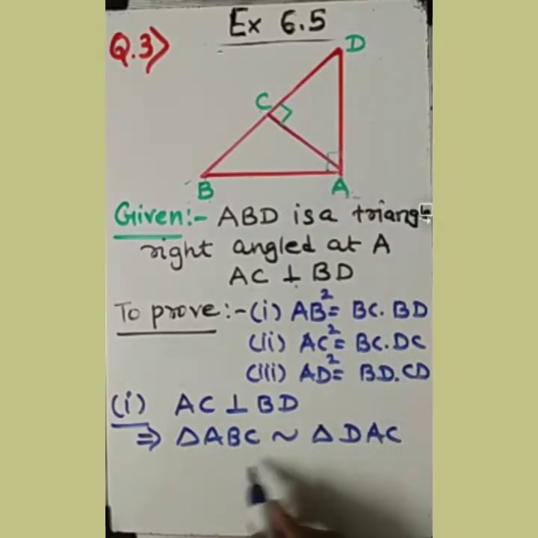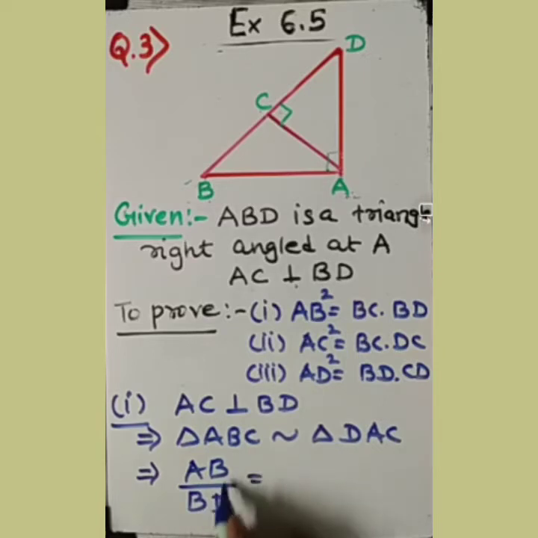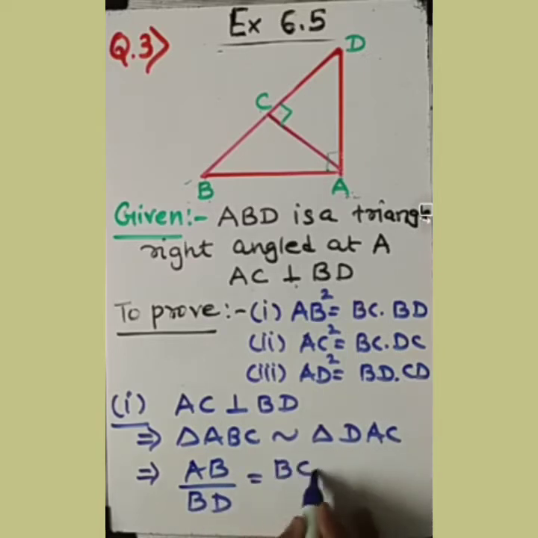Now, if these two triangles are similar, then one important result we can say: AB upon BD, the ratio of their sides must be similar, equals BC upon AB. Now let's do cross multiplication.